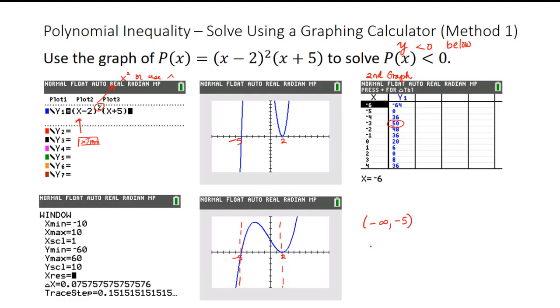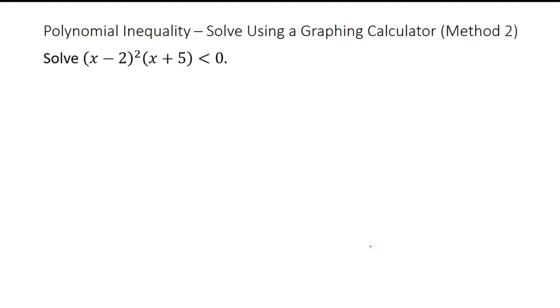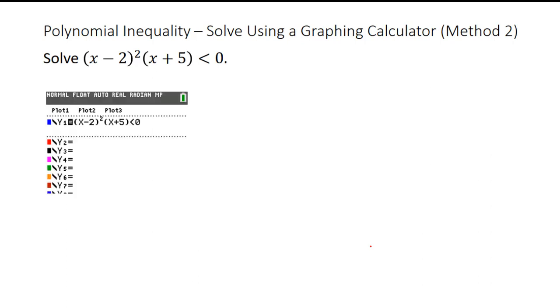A second method that you can use is actually to input the entire inequality in the calculator. So I'm going to go to Y=, and this time I'm going to type in the polynomial (x - 2)² times (x + 5), but now I'm going to input the inequality symbol less than.